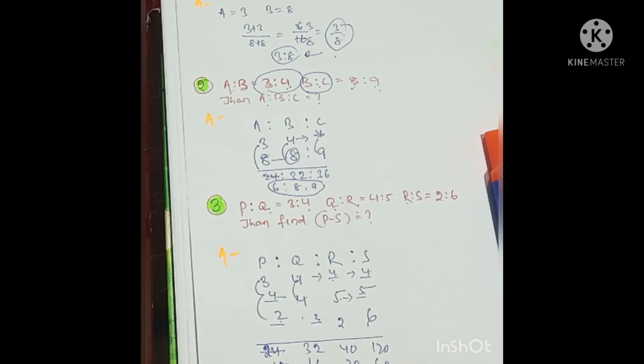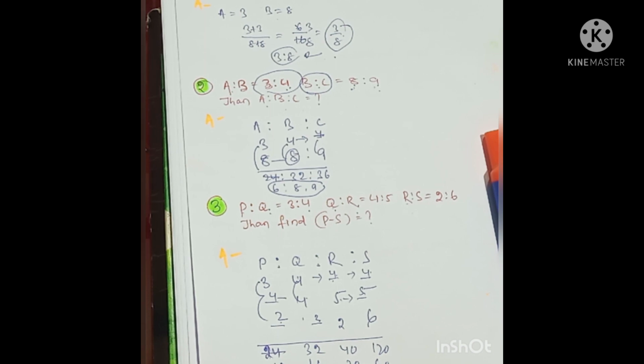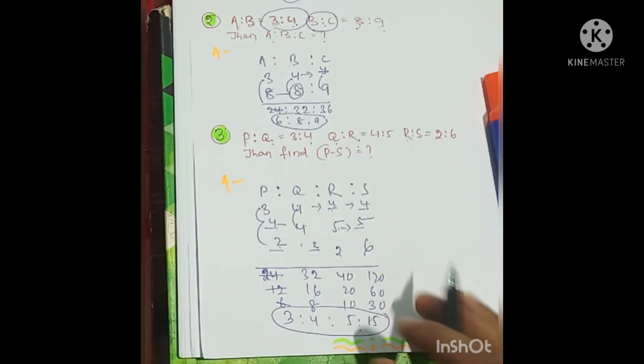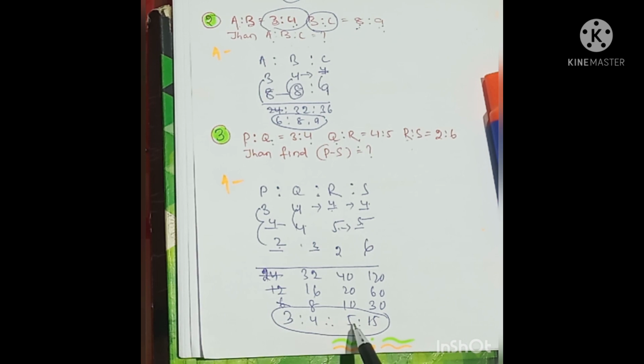Again it will be cut down to 6, 8, 10 and 30. Again it will also cut down to 3, 4, 5 and 15. So this is our final answer: 3 is to 4 is to 5 is to 15.